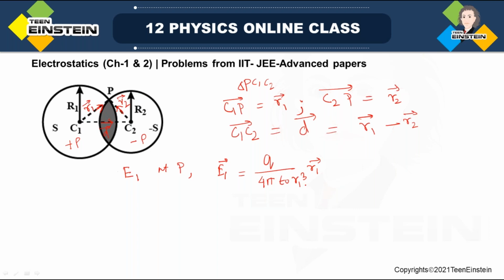Now this Q can be written as 4 by 3 pi r1 cube into rho, positive rho.